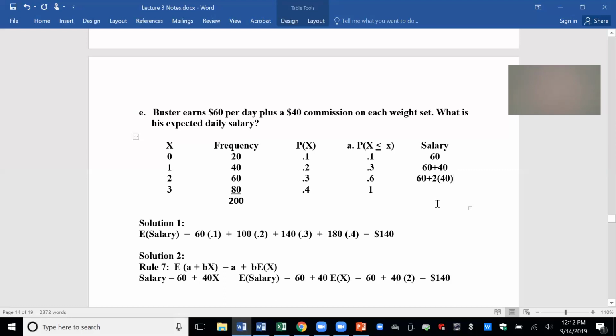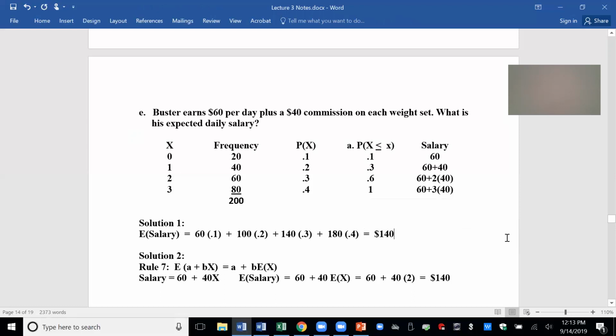And if I happen to get lucky and sell 3 sets, then I make 180 bucks. So I take 0.1 times 60, 0.2 times 100, 0.3 times 140, 0.4 times 180, and add those together, and you get $140.